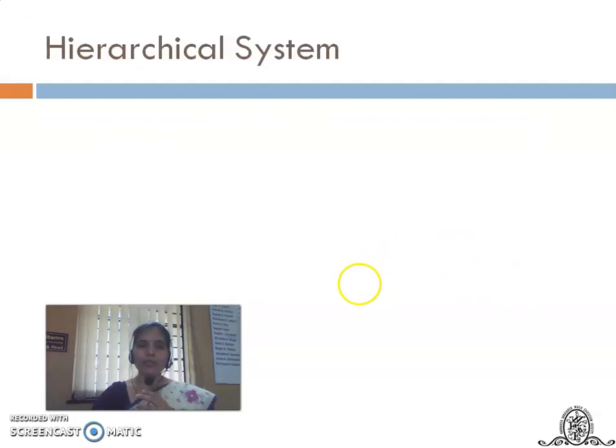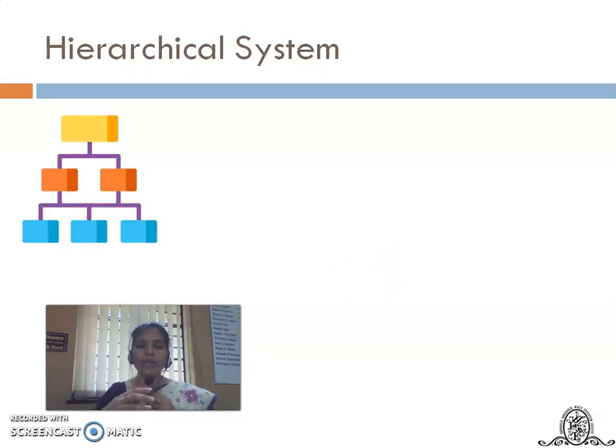Basically, any computer system is a hierarchical system. It is always designed or built at different levels, and there are many subsystems even at each level.